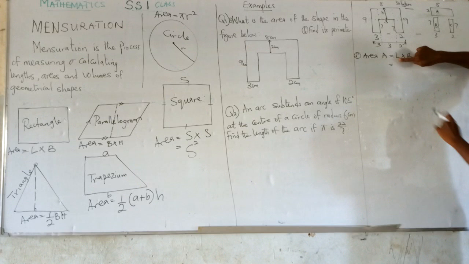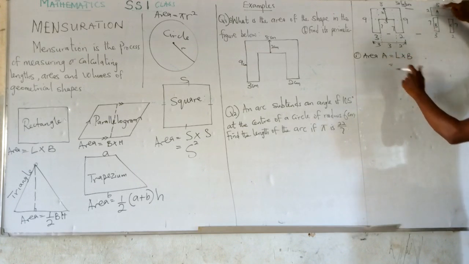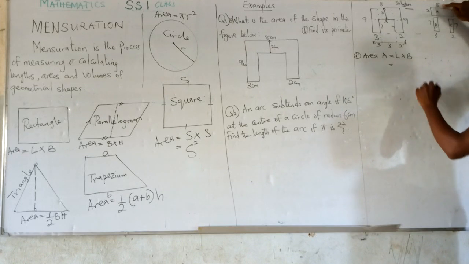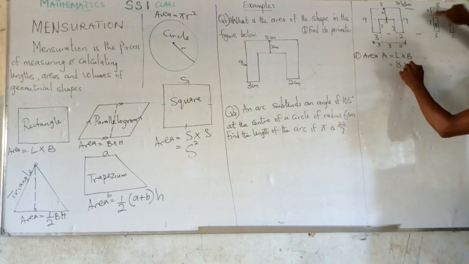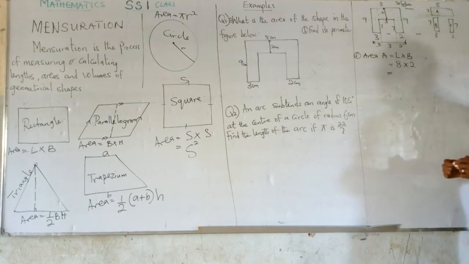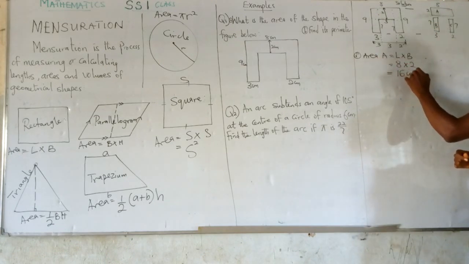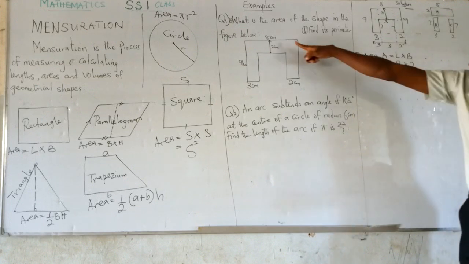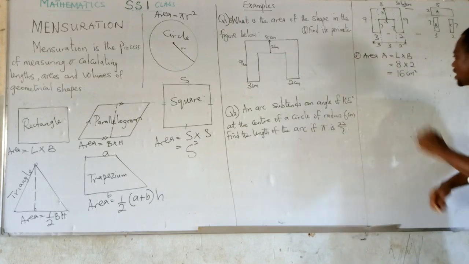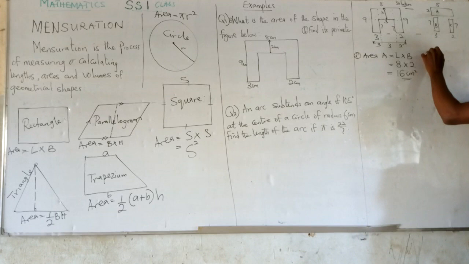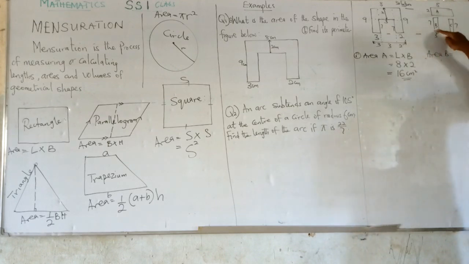Now, what is our length in area A? The longest side. Length is the longest side of an object. So we have 8 times what? 2. 8 times 2 gives us what? 16. Remember, we're talking about area. It's going to be centimeter square because this unit here is centimeter. Then we look at area B. B is also what?